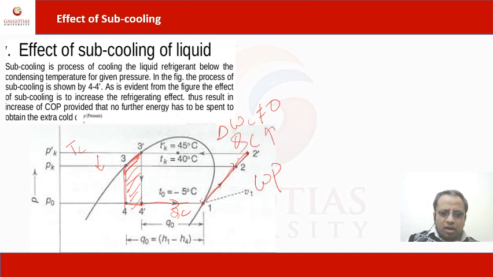So ultimately COP will increase. Only this method is available for the higher COP of the VCR system. So subcooling of the refrigerant always gives the higher COP without any additional compression work consumption.